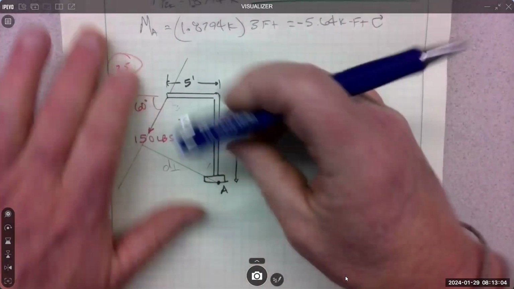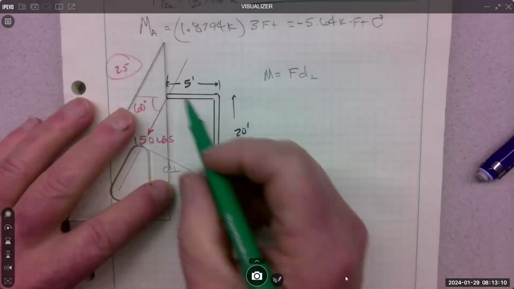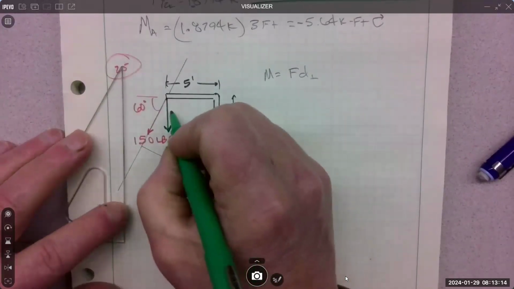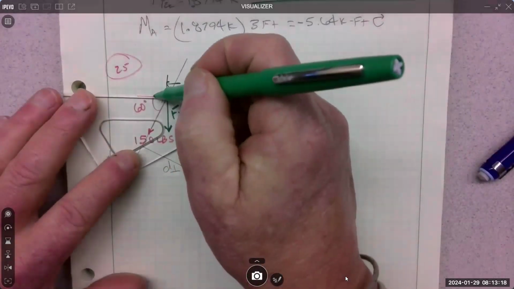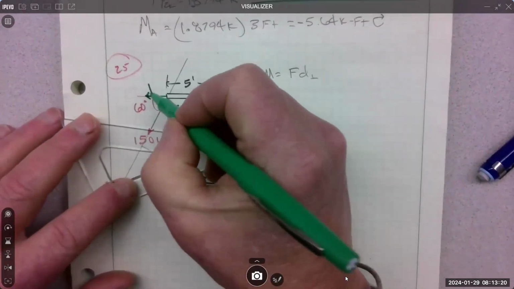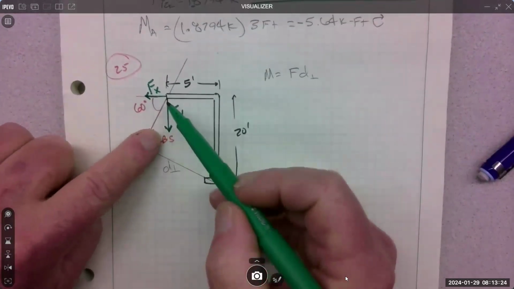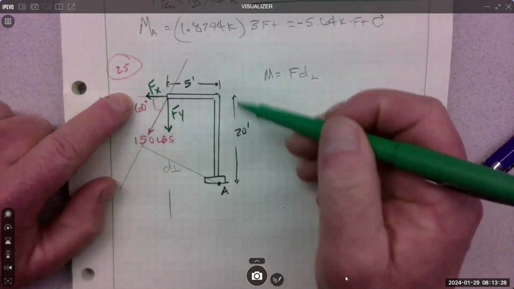I do components. Right? Because our new theorem says, hey, we can use the components instead of the force. So that's our Fy. And this is our Fx. And if I think about the moment of the Fy, that's pretty easy. It's just times 5. And the Fx is times 20.